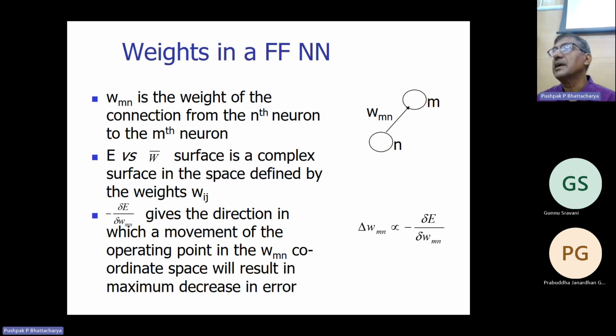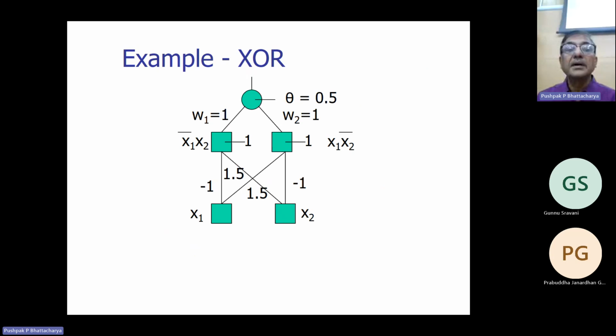Just add the failed vector, as we have seen in the perceptron training algorithm. Will that work? Will PTA work? What do you say? Can we use the perceptron training algorithm here?